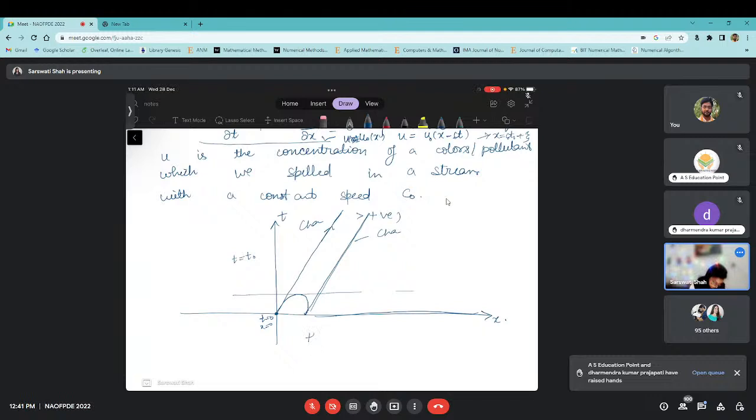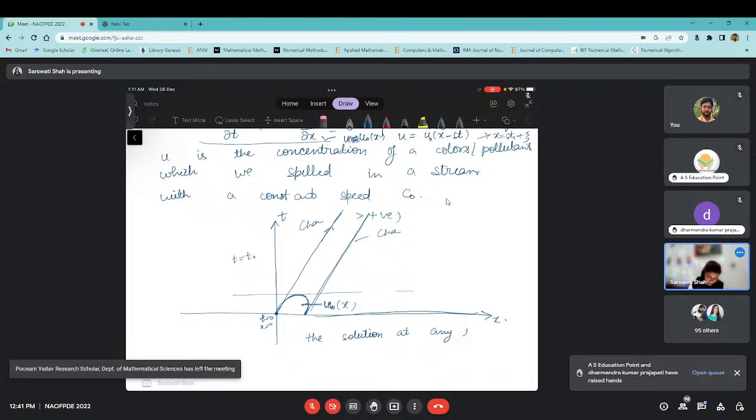The solution at any point, suppose it is u naught x, is basically your initial condition, and after some time the form of u will not change, it only displaces with time.